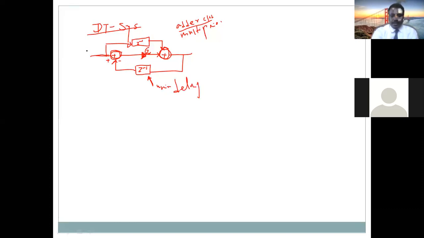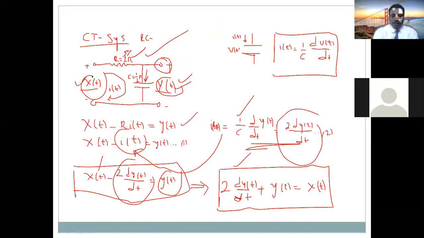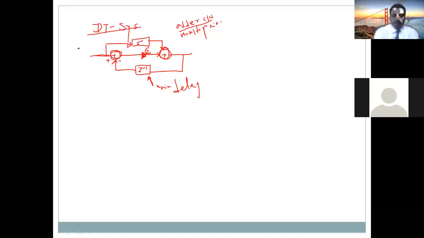Just like the analog case, where we have input x of t and output y of t, in this case the input will be discrete time, x of n, and the output we get here is y of n. So this is our system.